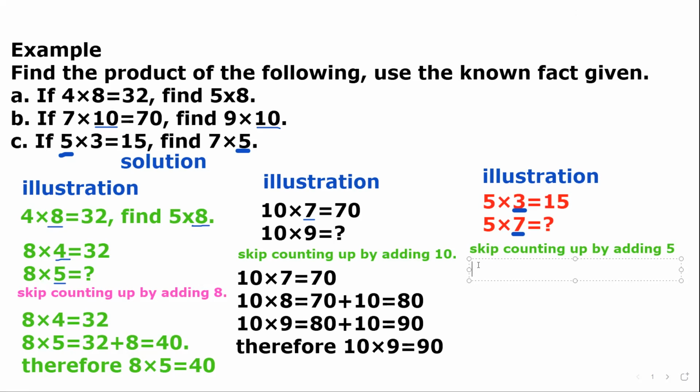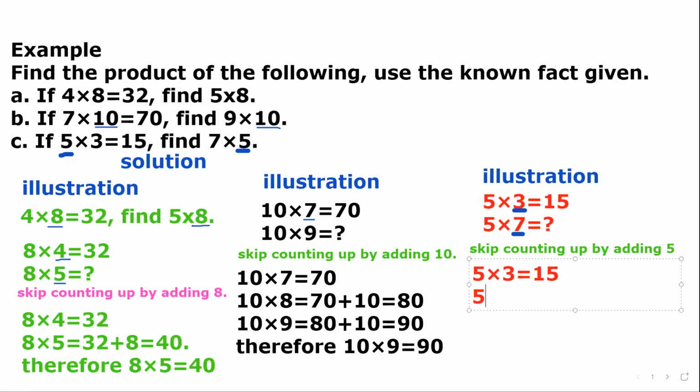Always start with the known fact. That is 5 times 3 here equal to 15. So based on this, we are going to find the remaining multiples of 5.